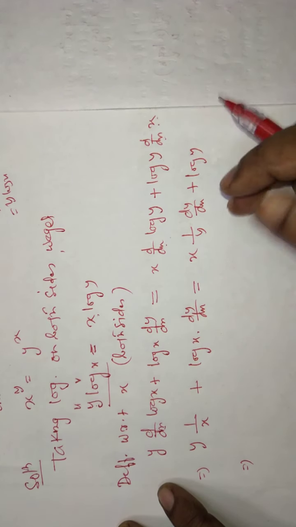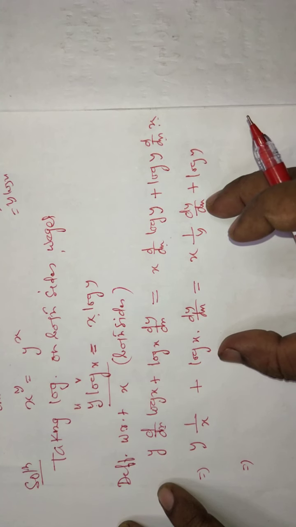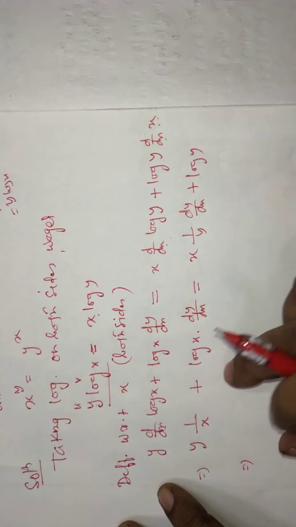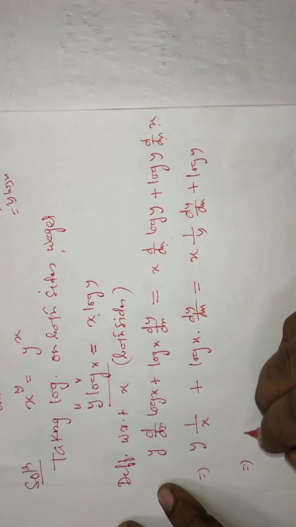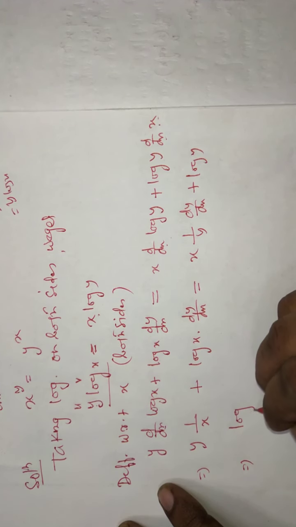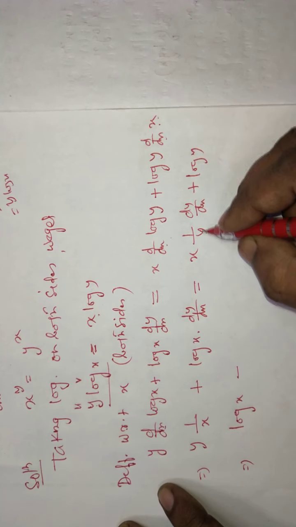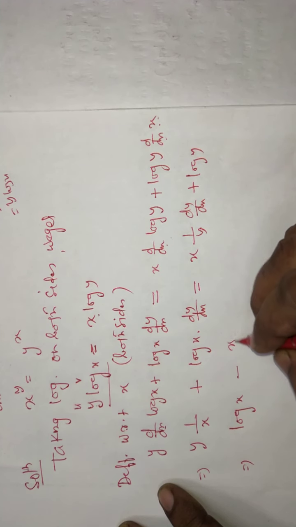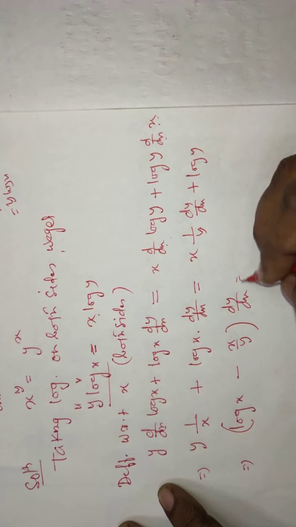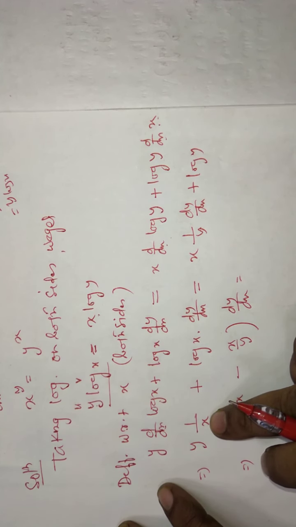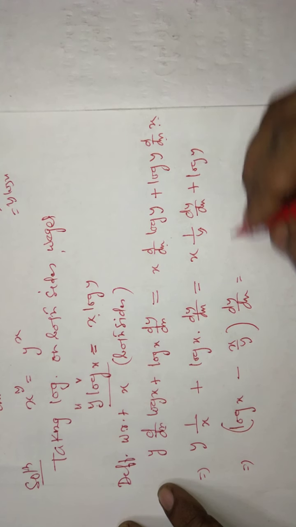Now all the terms containing dy by dx come to the left hand side. If you take this term to the left hand side, and take dy by dx common, it will be log x minus x by y into dy by dx, and all the terms not containing dy by dx go to the right hand side.